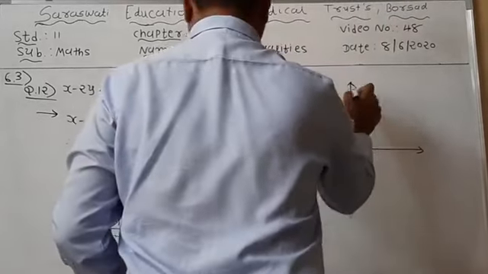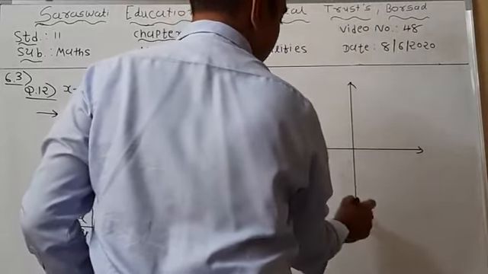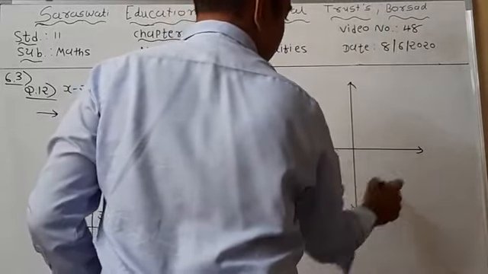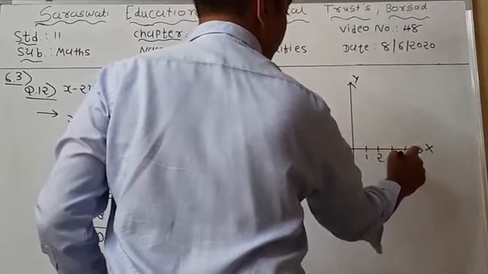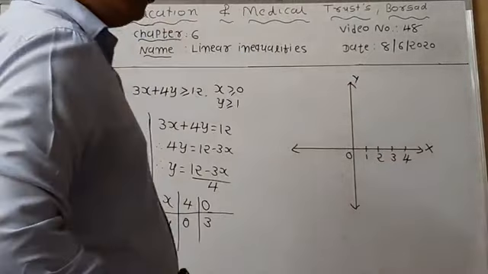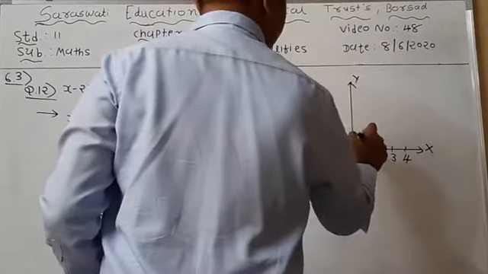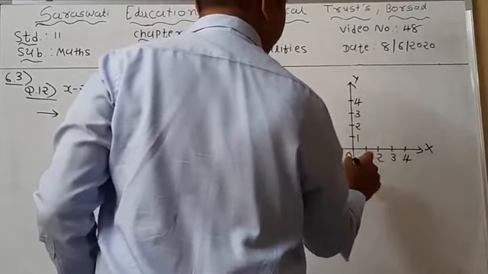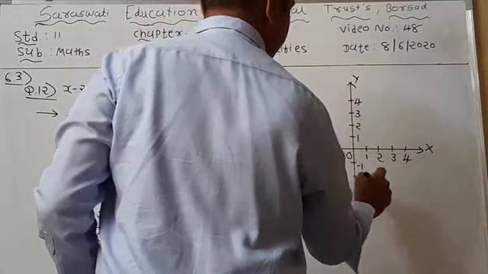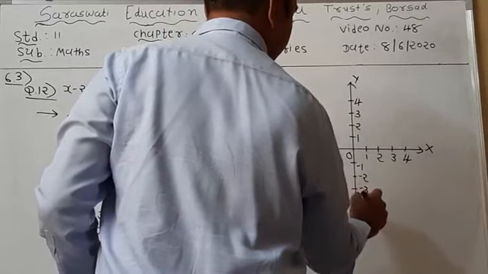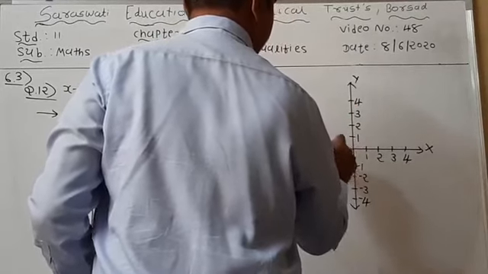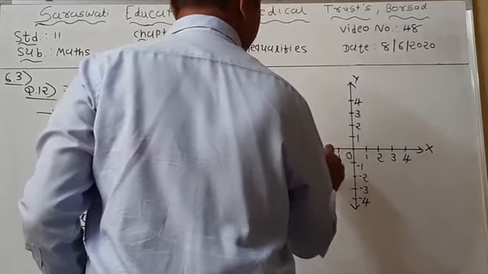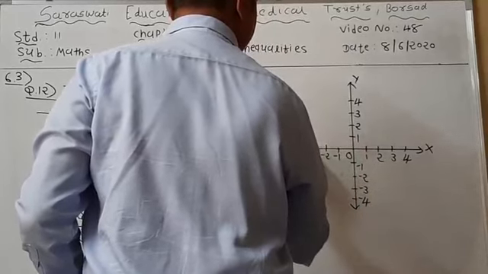So here x axis, y axis, here write 0 1 2 3 4. On the upper side write 1 2 3 4, here write minus 1 minus 2 minus 3 minus 4, and here also minus 1 minus 2 minus 3 minus 4.